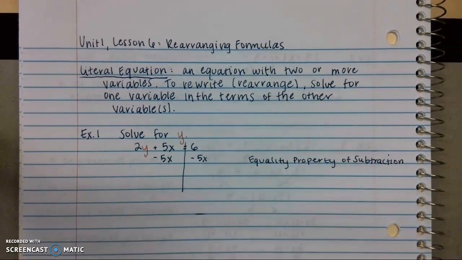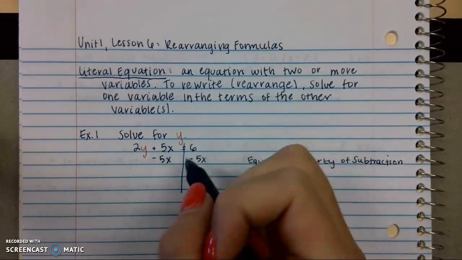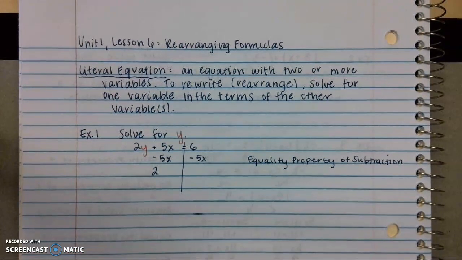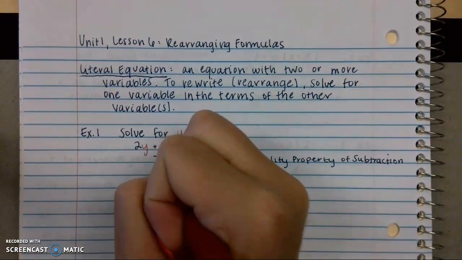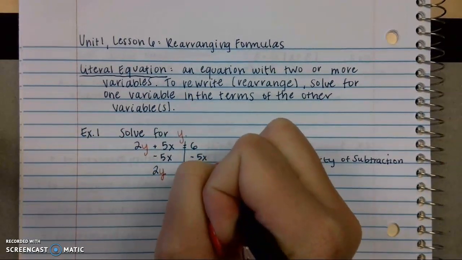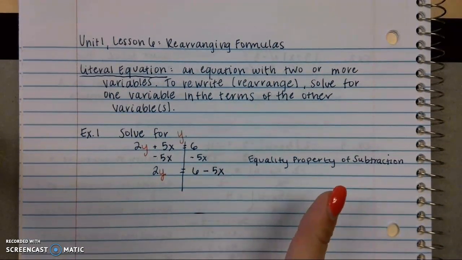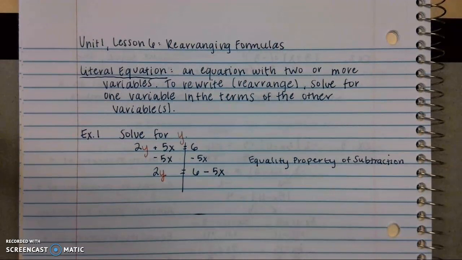These guys are not like terms. You do not combine those. So it's going to look like this: 2y is equal to 6 minus 5x. These are not like terms. We don't combine them. It stays exactly like what we see.